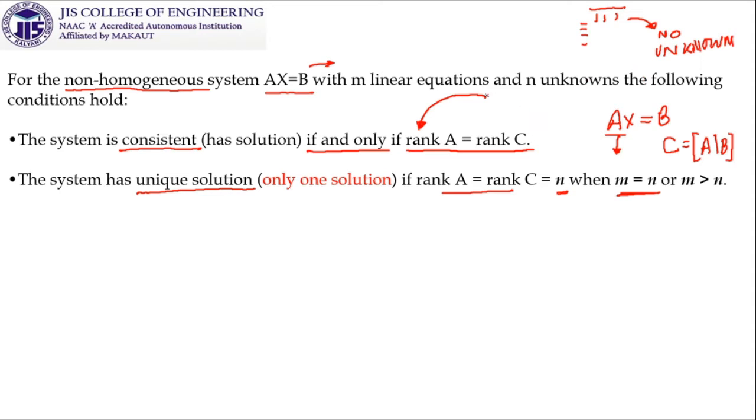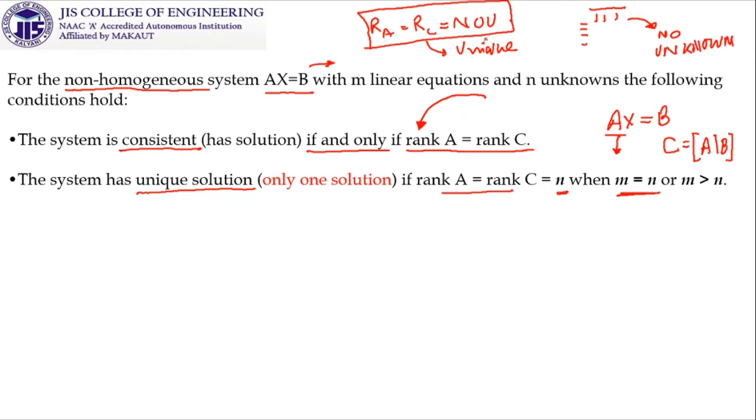So in a nutshell we can say, if the rank of A is equal to rank of C is equal to the number of unknowns, then this particular information gives us a unique solution. The first two parts give us consistency, and the equality of the three things gives us the uniqueness of the solution.